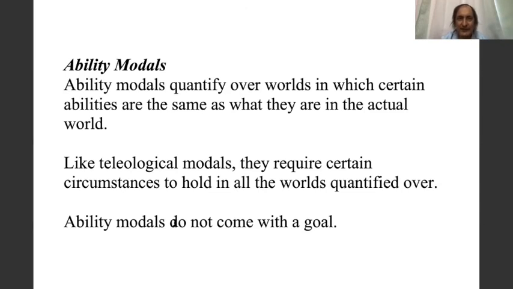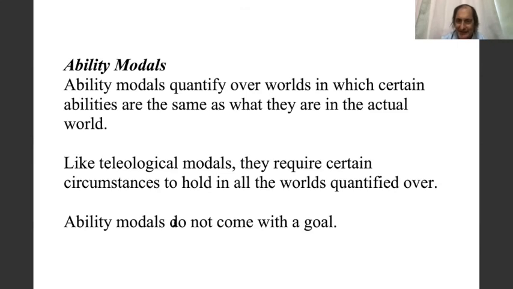We can think of an ability modal as like a teleological modal. It requires certain circumstances to hold in all of the worlds quantified over. The difference is that an ability modal doesn't really come with a particular goal.